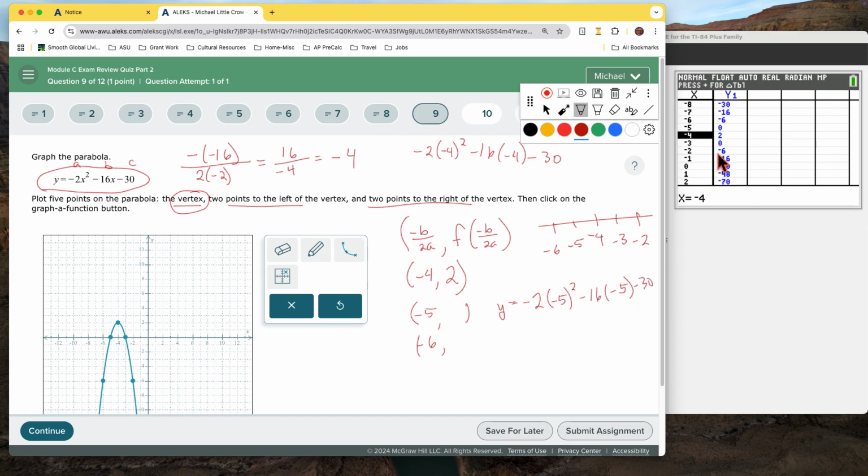But when you do all this calculation, you're going to get 0. For this one, you're going to plug in negative 6: negative 2 times negative 6 squared minus 16 times negative 6 minus 30. When you do all this calculation, you're going to get negative 6. Okay. And do the same thing for negative 3 and negative 2. Plot your points. That's how you can do this. Okay. So that was number 9.